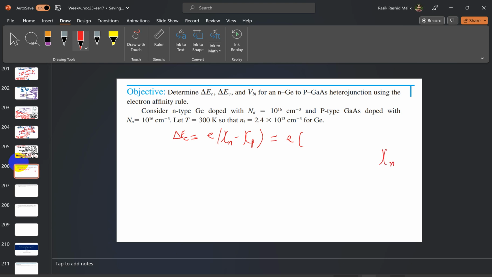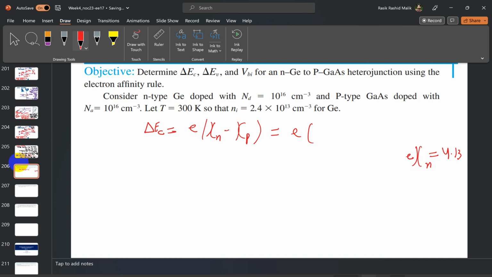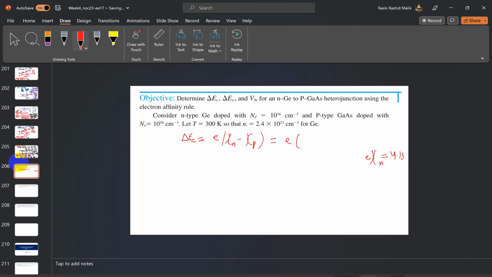Chi N side, which is the chi germanium, so that is 4.13, E chi n actually, in terms of energy, electron volt, and then E chi p, which is for the gallium arsenide, which is 4.07. These are the electron affinity values.